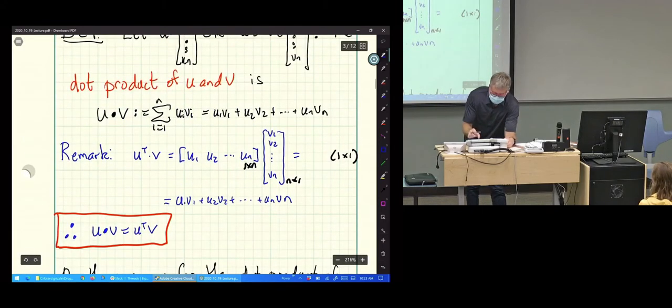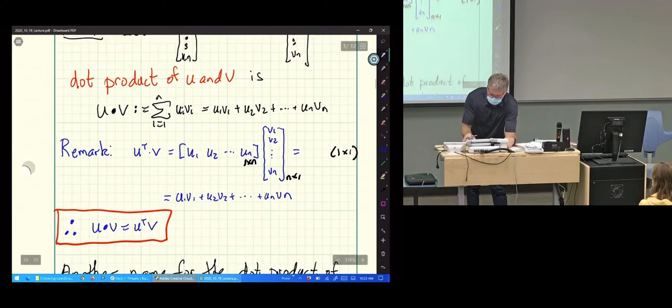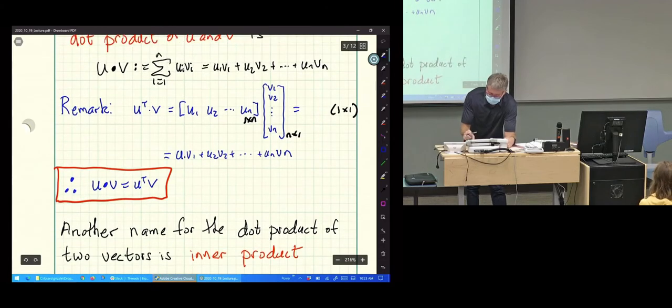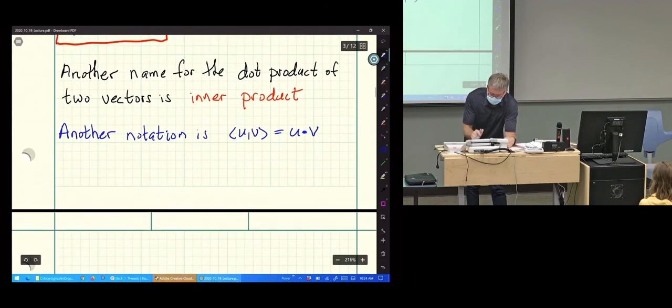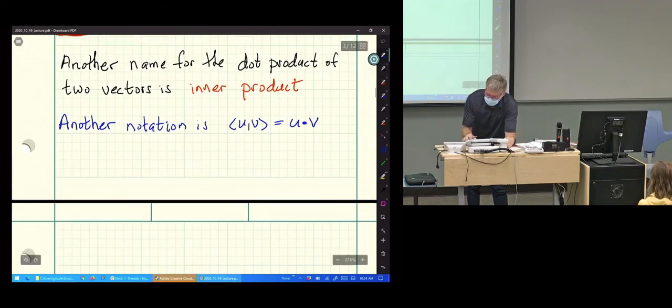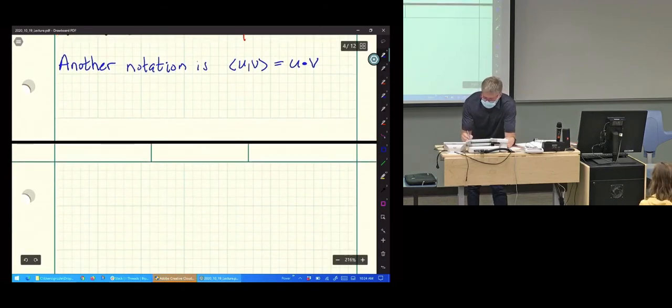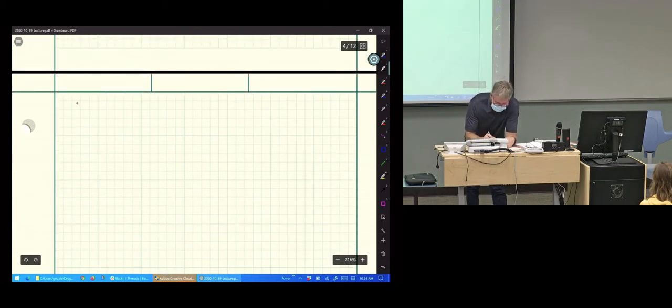Okay, so the dot product is really u transpose times v, and it's a 1 by n times an n by 1, we get a 1 by 1. There is something called an outer product, but I will not write it down because I don't want to confuse you. Let's just compute a few of these.